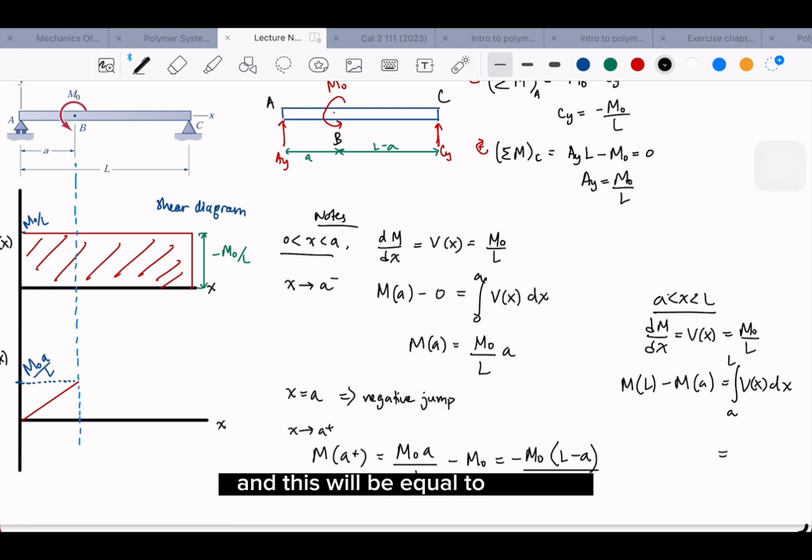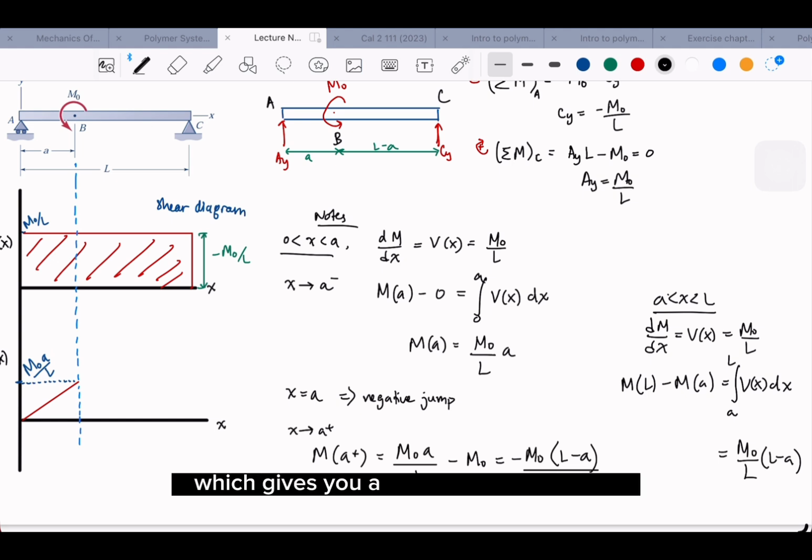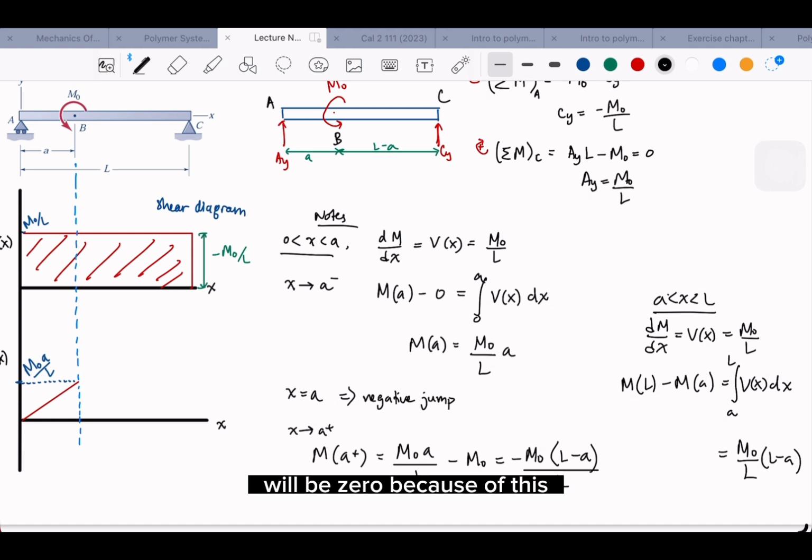And this will be equal to M0 over L. This is L minus A, which gives you a conclusion that the ML will be 0 because of this. So this is the M on this side here. So this one is giving you the positive.